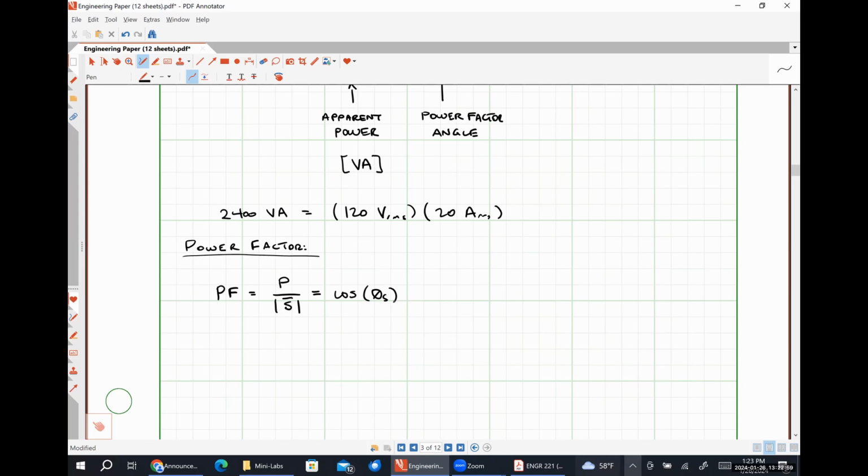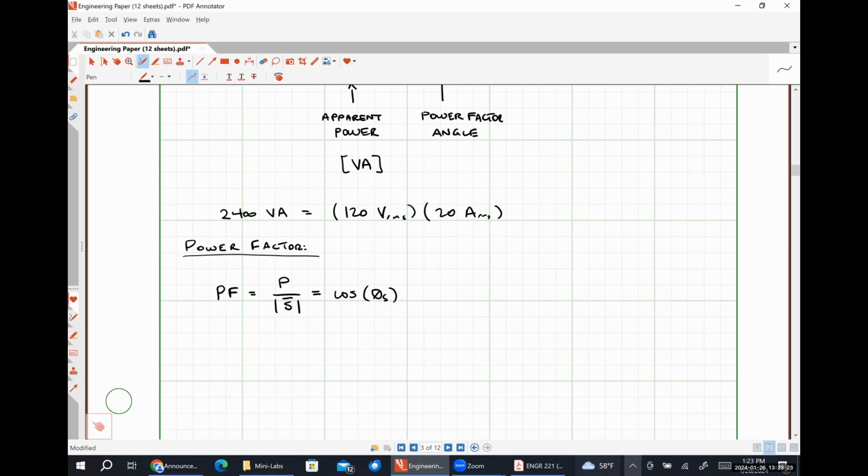Average power is what we as consumers pay for, and apparent power is effectively what the electric utility pays to generate. So from their business perspective, they want the average power to be as close to the apparent power as possible so that all of the energy they're generating is getting paid for by a consumer.